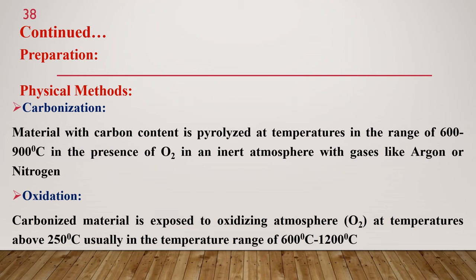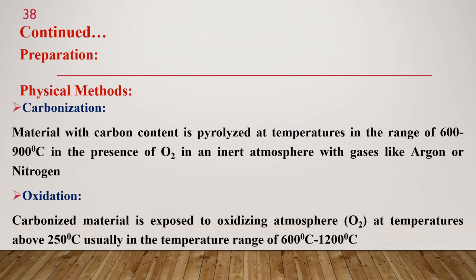Carbonization: for the carbonization reaction, material with a carbon content is pyrolyzed at temperatures in the range of 600 to 900 degrees Celsius in the absence of oxygen, in an inert atmosphere with gases like argon or nitrogen, to form activated charcoal. The next method, which comes under the physical methods for the preparation of activated charcoal, is the oxidation reaction.